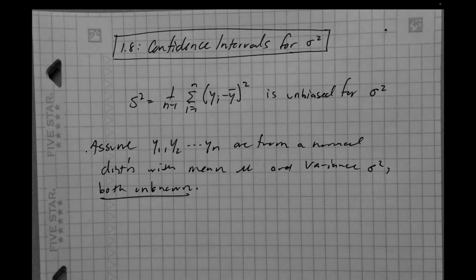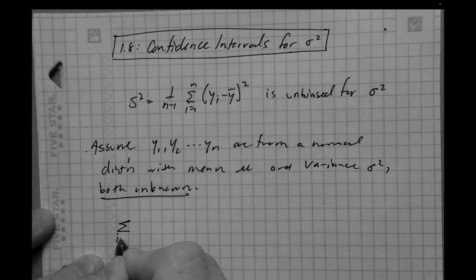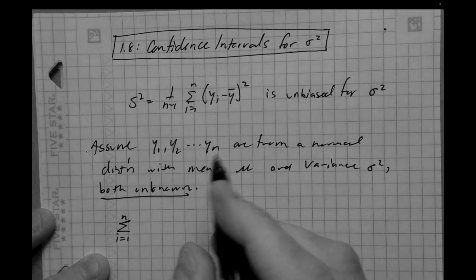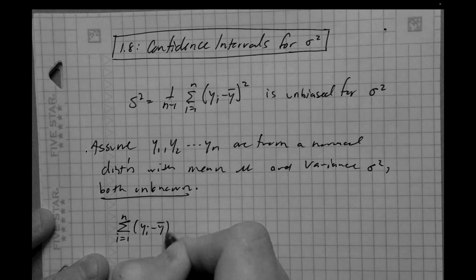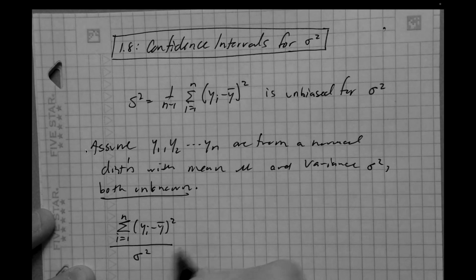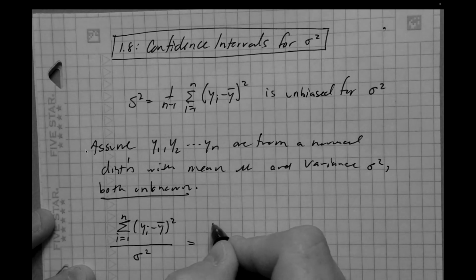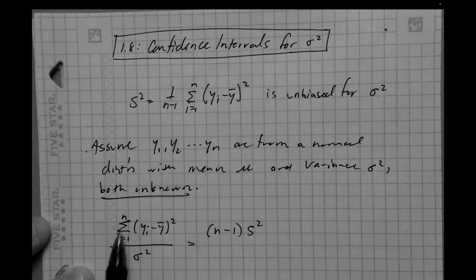Then you can do a little derivation here, and you can pretty quickly find out that the sum from i equals 1 up to n of (yi minus y bar) squared divided by sigma squared is equal to n minus 1 times s squared over sigma squared. Of course, this is almost s squared.